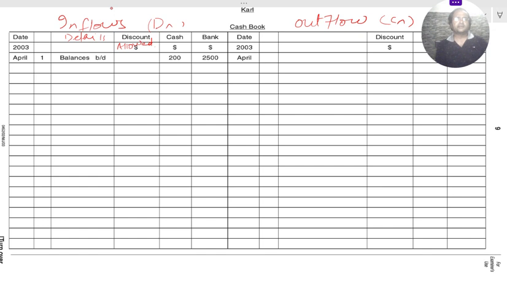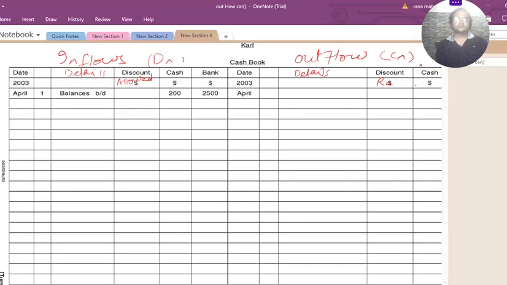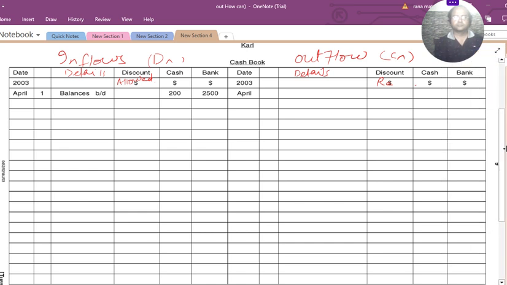And on the other side, date, details, discount received, cash and bank. Cash and bank is mentioned there too.